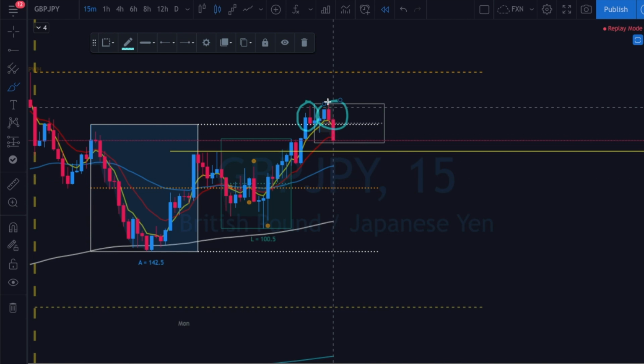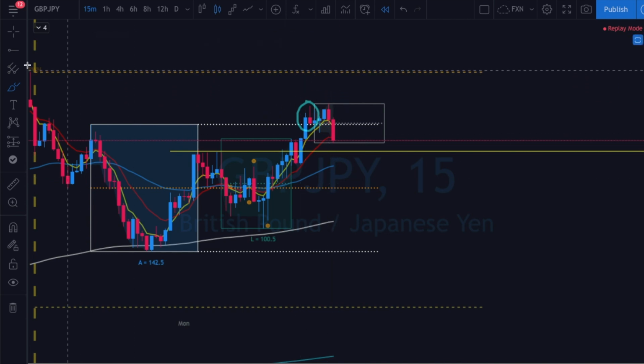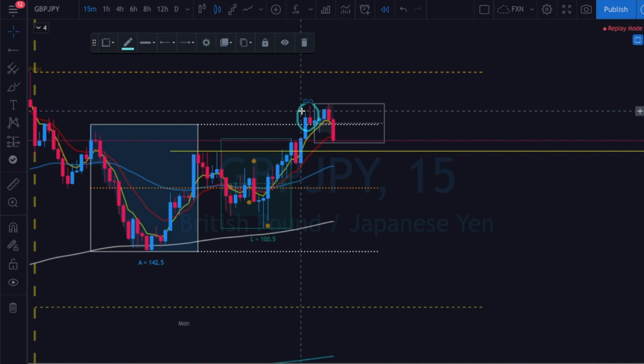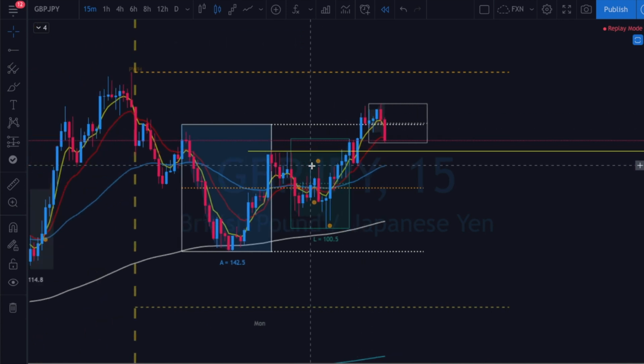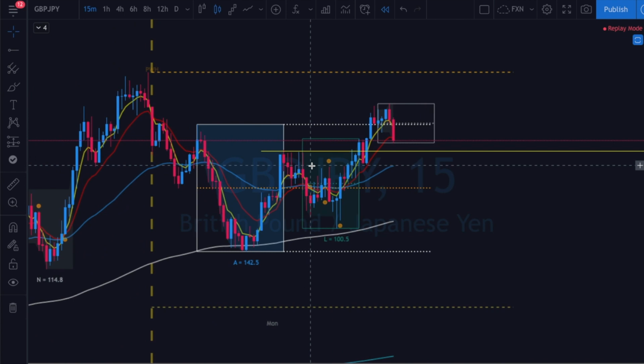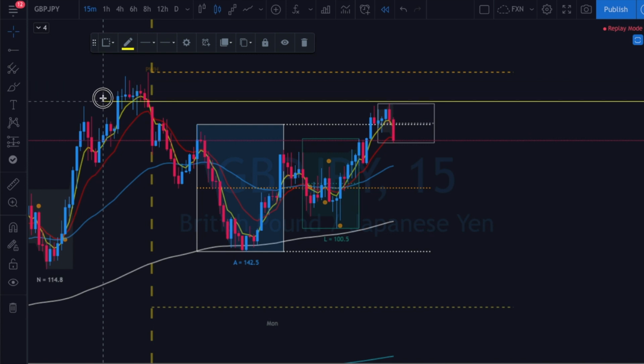Now you can see on this particular candle, we've closed below the 13, right? So we could potentially have a trade coming down, because we're tapping close to these highs up here from the previous week.